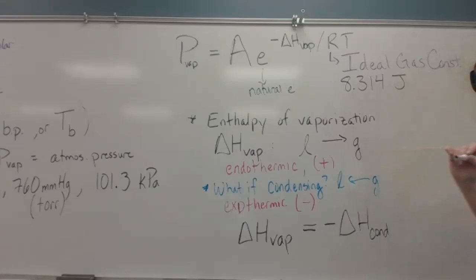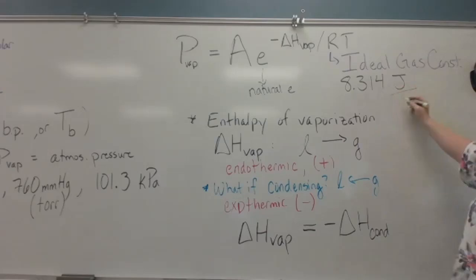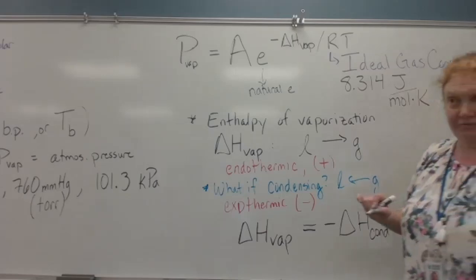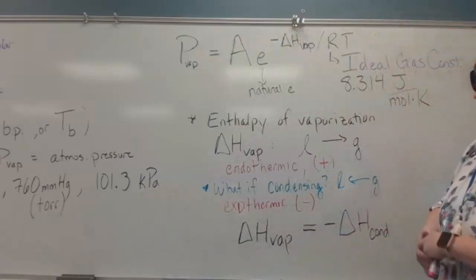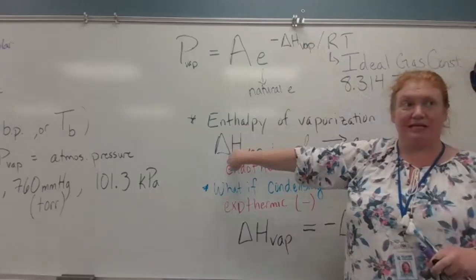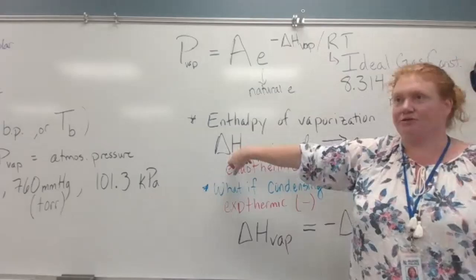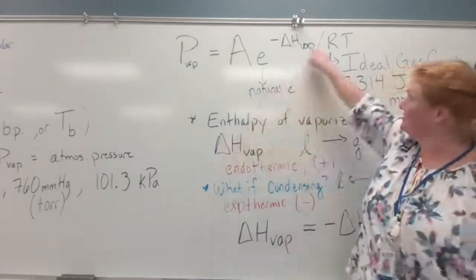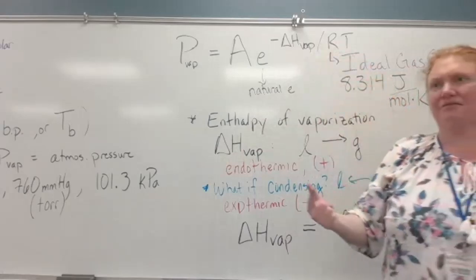What is that, capital J? Joules. That's our energy unit per mole of substance times Kelvin. Problem is these delta H values will be kilojoules. They're just always given as kilojoules. So if this is kilojoules, and I'm trying to divide by joules, then that math don't math.